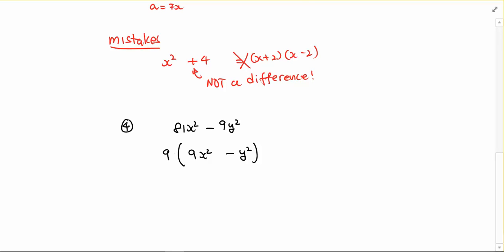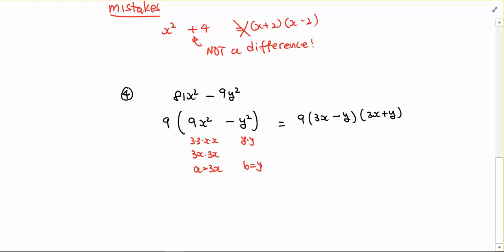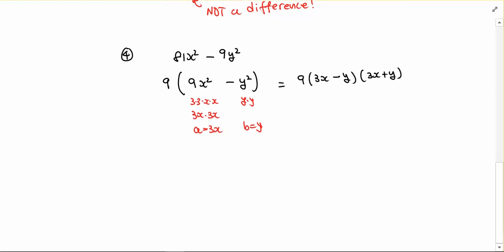After all, this is 3 times 3, x times x, y times y, or 3x times 3x, so a equals 3x and b equals y. And so my problem factors as 9(3x minus y)(3x plus y). So don't forget the GCF step for factoring these things.